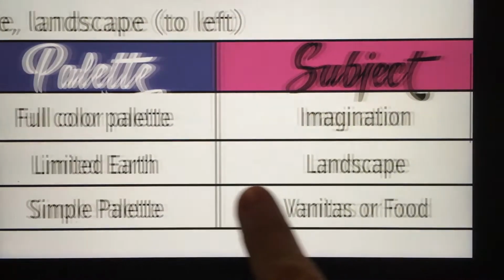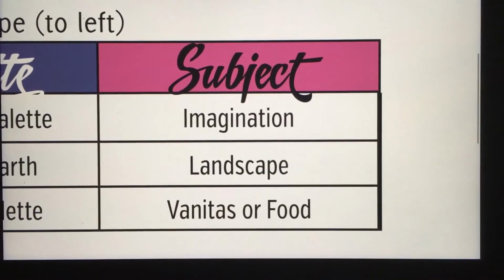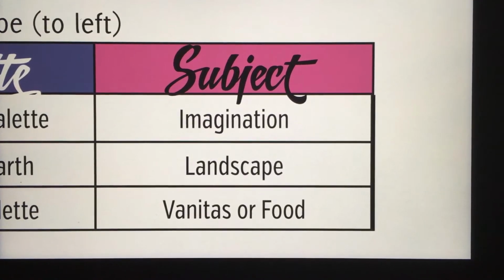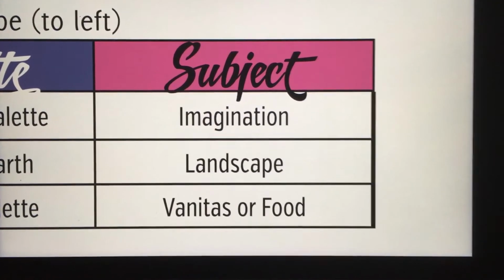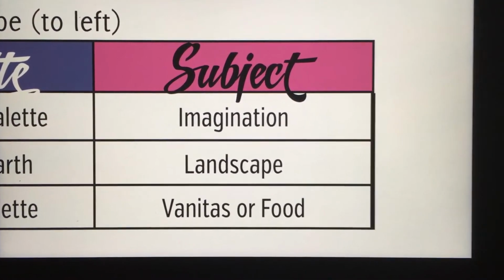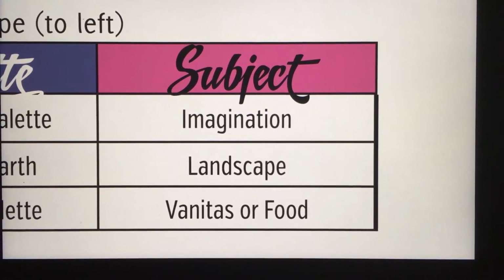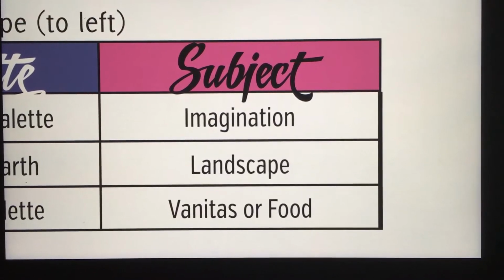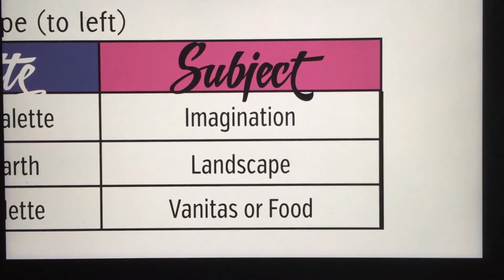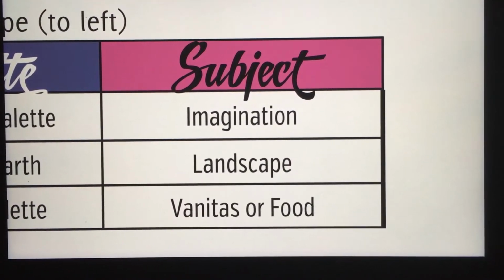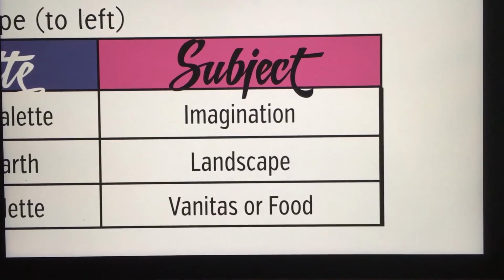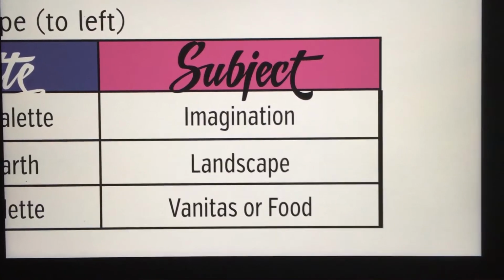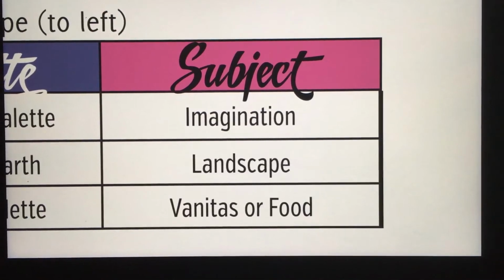Finally, for subject, I don't really want to restrict you on your subjects, I gave you some suggestions here. You can use what you have, or you can just go through and plug in whatever one you want. A still life, something from imagination, a landscape from a photo, a cityscape.